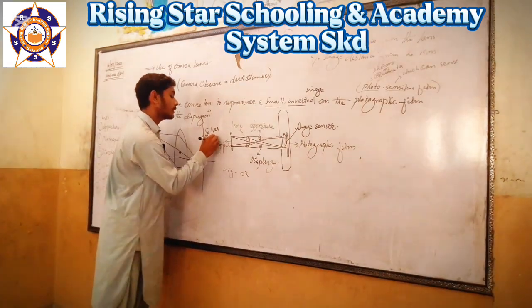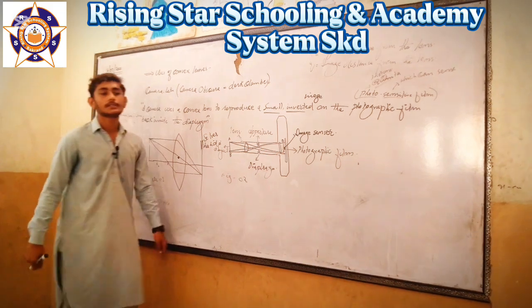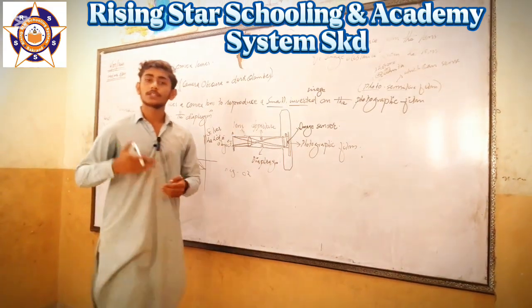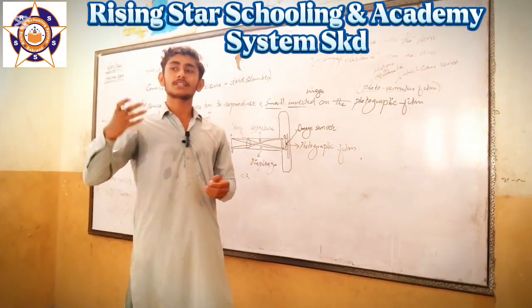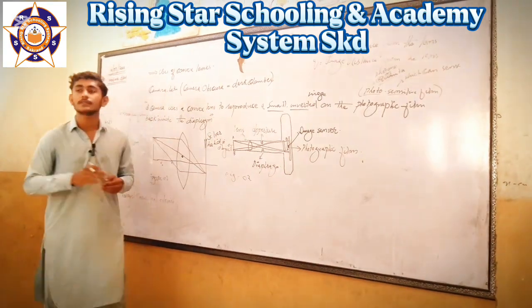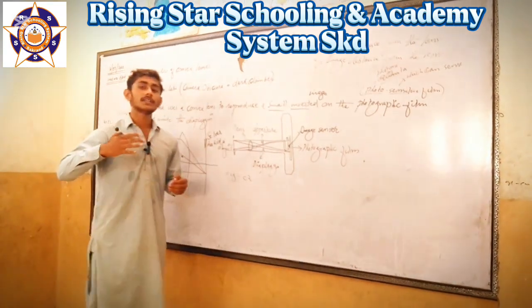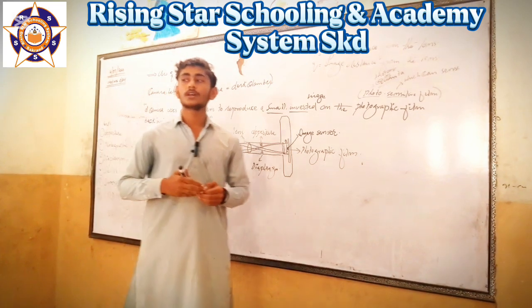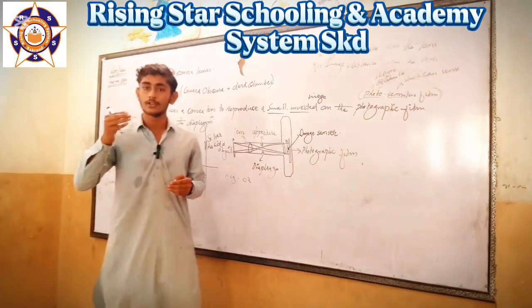Silver halide can be in the form of silver chloride or silver iodide. Whatever the compound is, it is the photosensitive substance. Whenever light bombards it, it will glow.